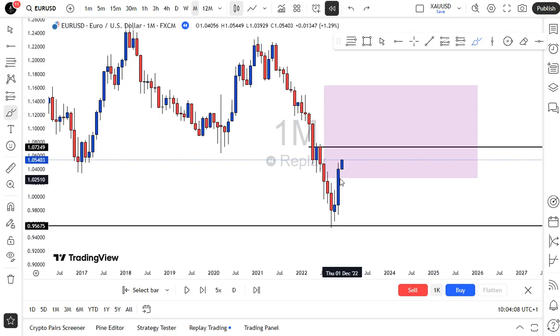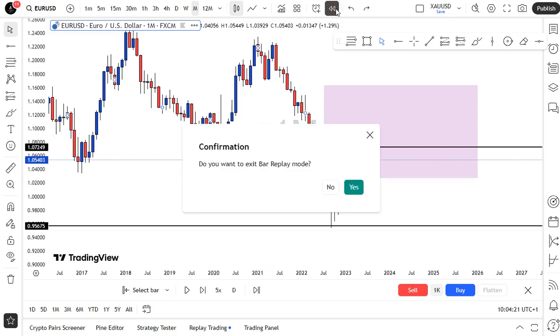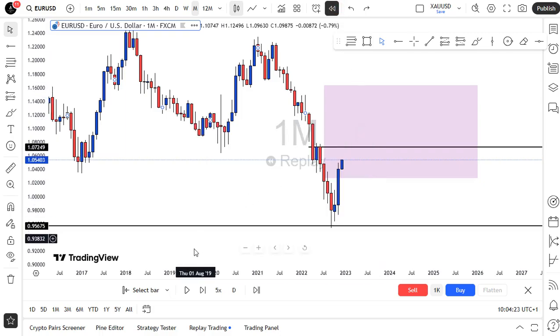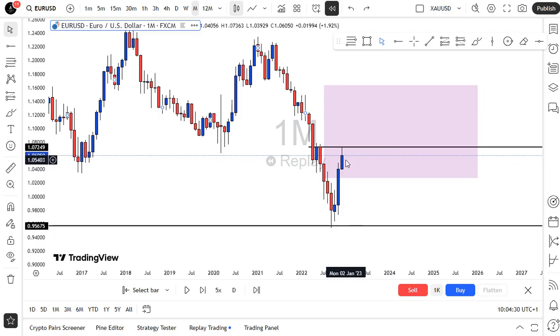If the candle was still forming, let me explain. Can I go back a bit? So now, this candle is still forming.